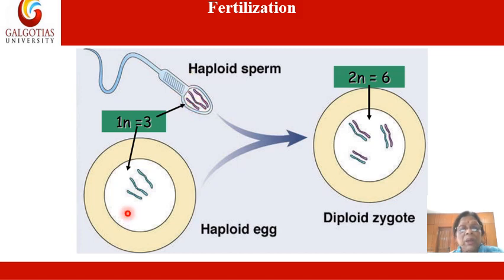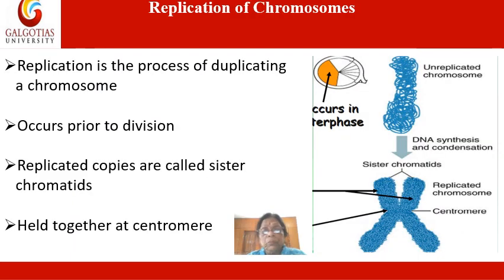For example, suppose there are 3 chromosomes in the sperm and 3 in the egg, and both of them fuse together to form a zygote which has the diploid number, 2n. So 3 plus 3 is equal to 6, and this is known as the zygote.